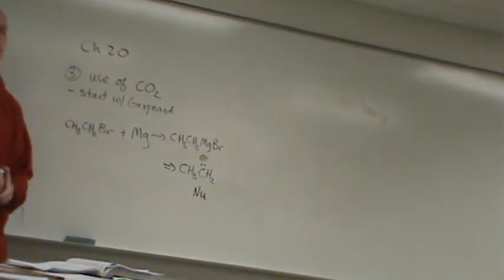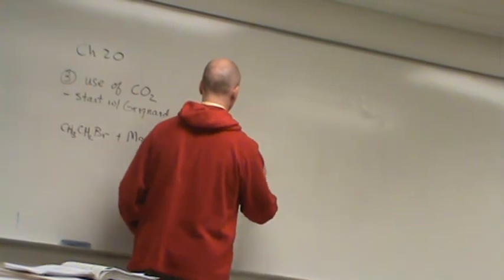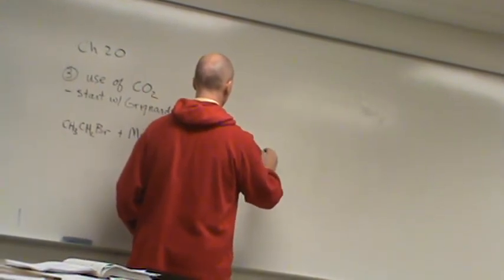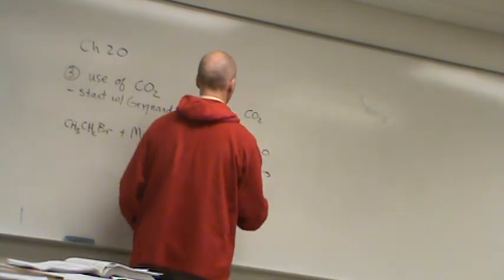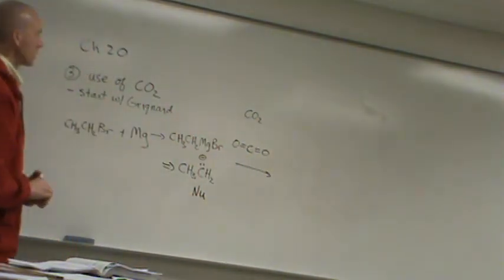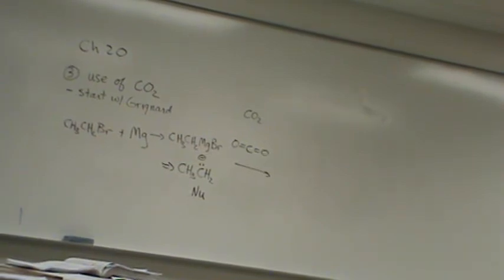So in aldehydes and ketones, remember that could go on and attack the carbonyl and convert it to an alcohol. But here, what we're going to do is take our Grignard and react it with carbon dioxide. So there's the Lewis structure of carbon dioxide that maybe you're not familiar with.